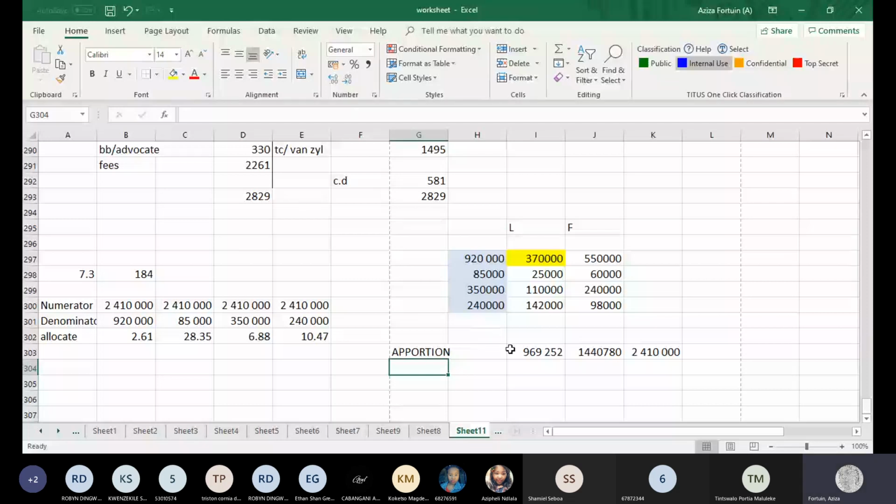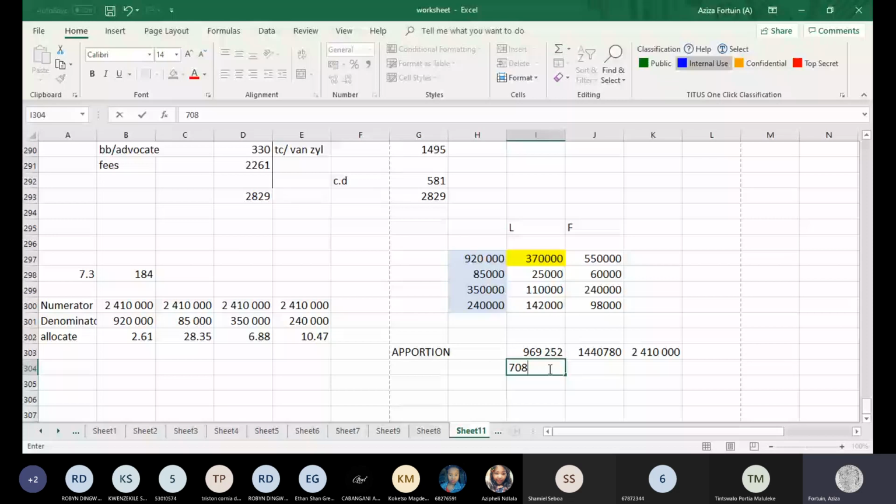Yeah. So I'm going to apportion my machine hours now. 28.35 times your 25,000 is going to give me an amount of 708,823.